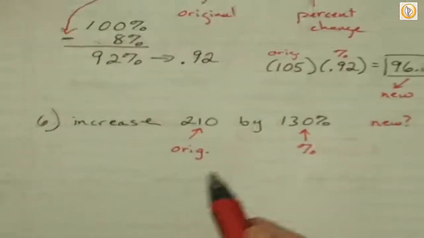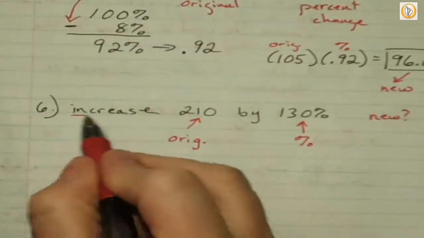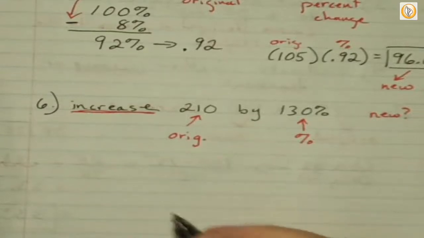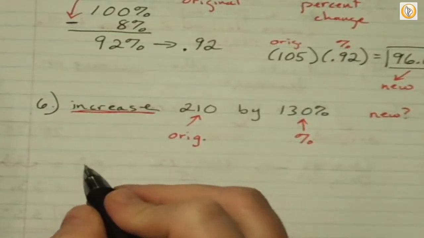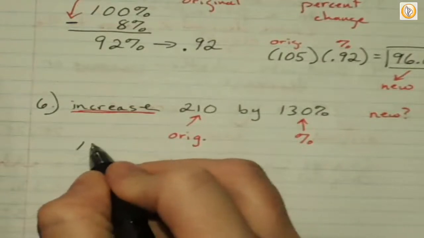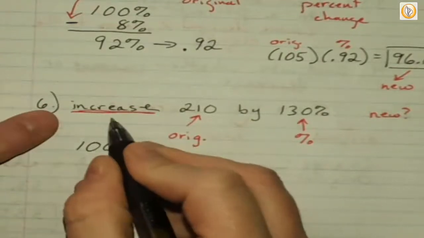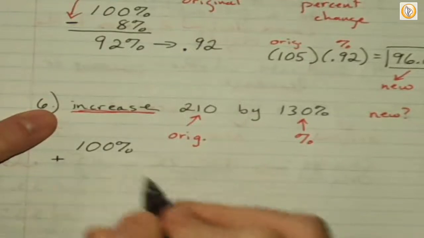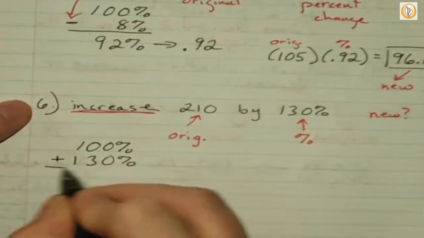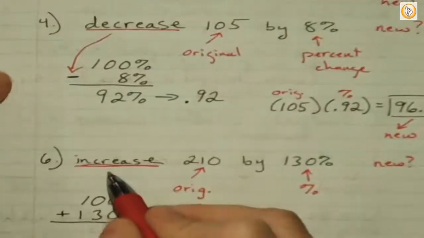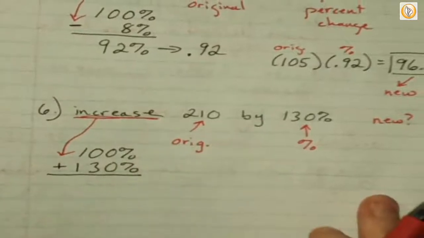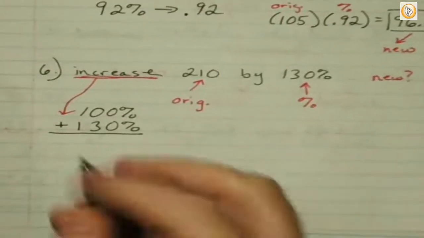So we have the original and the percent change, but we don't know the new. So this time I'm increasing. So Kelly, what do you think I'm going to do? So I think when you are adding the 100 and 130, you add. That's right. Because of the increase, we're adding to 100%. Before, when it's decreased, you subtract. When it's increased, you add. Good job. And you get 230%.